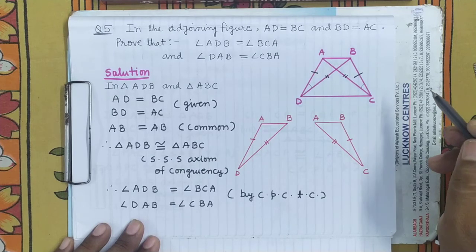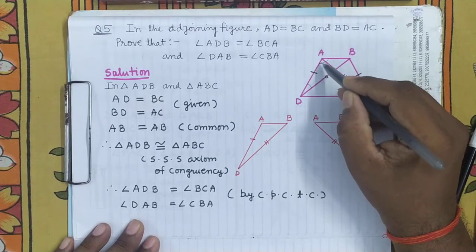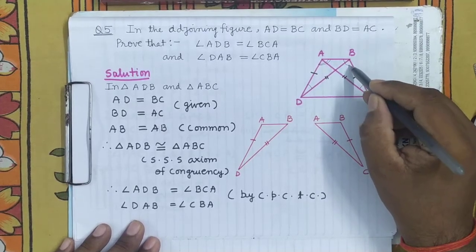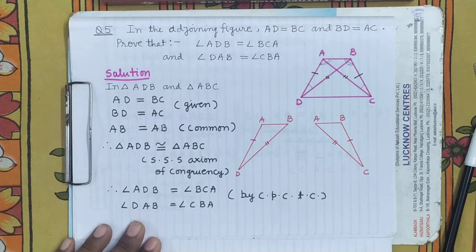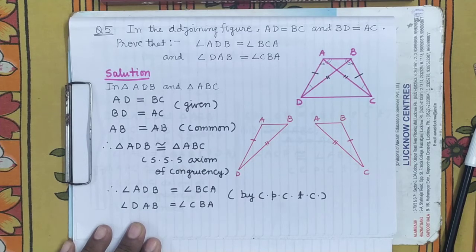Then DAB is this, and here CBA is this. This is the CBA. Now, which triangle will you take to prove congruent?